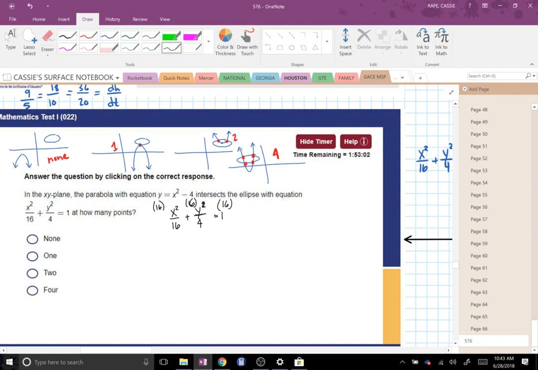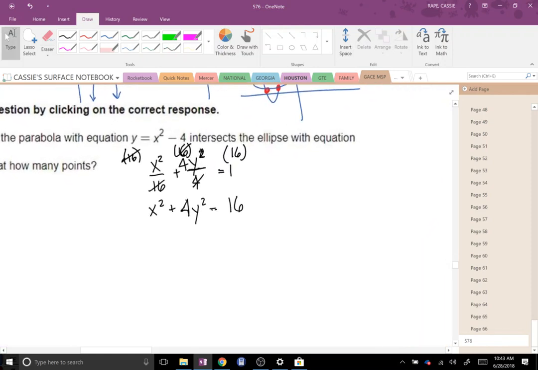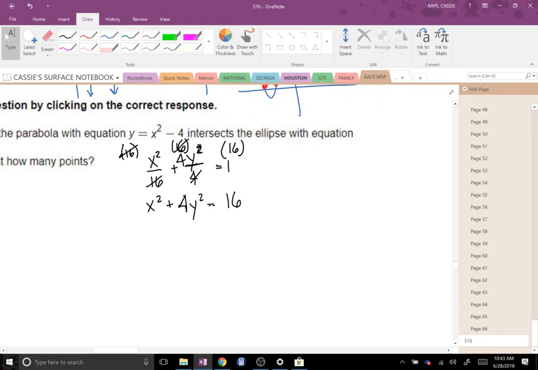Keep in mind that when you're wanting to put this in the calculator, it's important that you isolate y. So 16 cancels here, and that gives me x squared plus 4, since 4 goes into 16 4 times, so that's x squared plus 4y squared is equal to 16. Now, remind yourself, I'm isolating y, which means you move anything that's not y away from y.